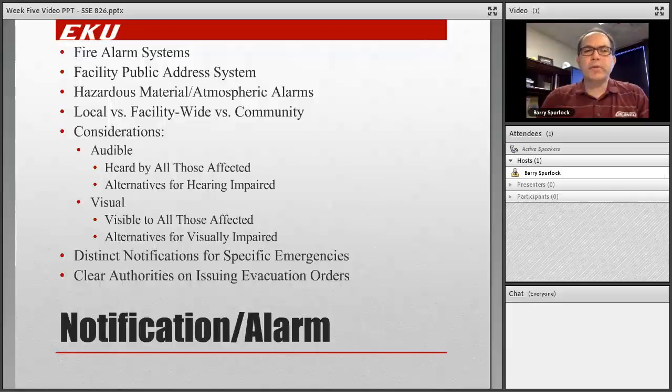The hazardous material atmospheric alarms. Sometimes we might see those as a local alarm. We may have a room that stores particular hazardous material, and there's a sensor inside monitoring for the leak, and the sensor simply sends a message to some type of receiver or processor on a wall that there's a red light and a horn, and it just sounds off in that local area.